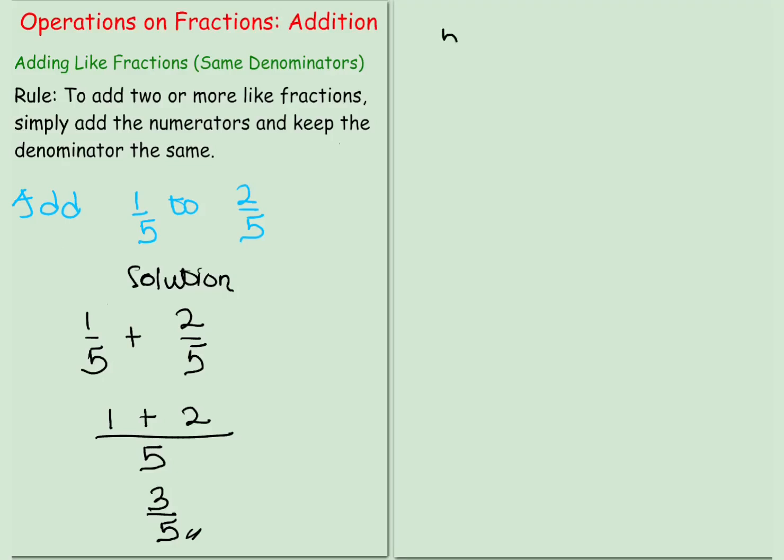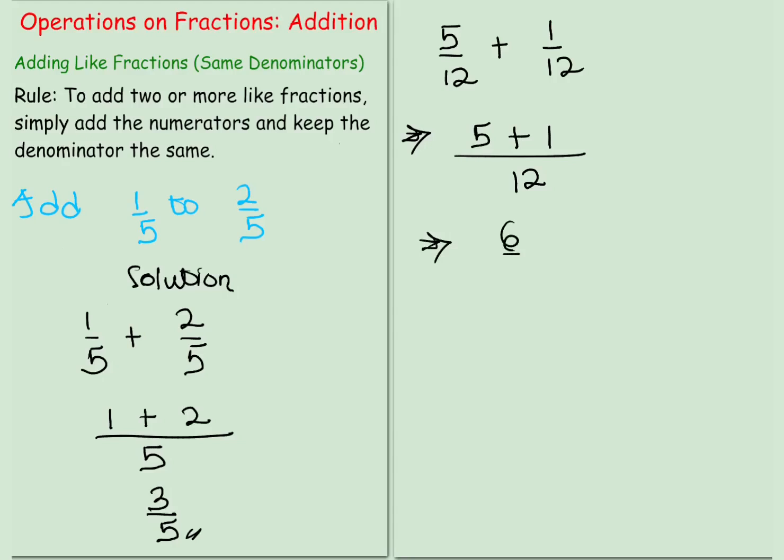The same way, if you had 5 over 12 and you wanted to add it to, let's say, 1 over 12, we are following the same procedure. We have our 12, since the denominators are the same and they are like fractions, then we just add our numerators. So we add 5 to 1, which gives you what?